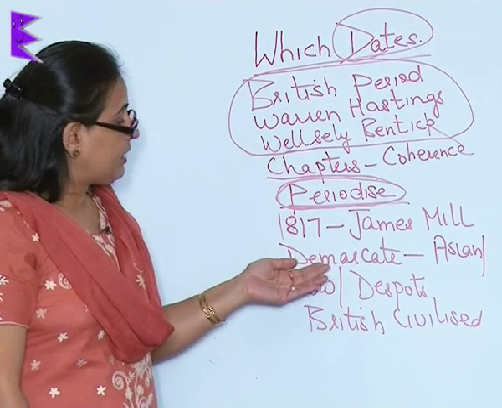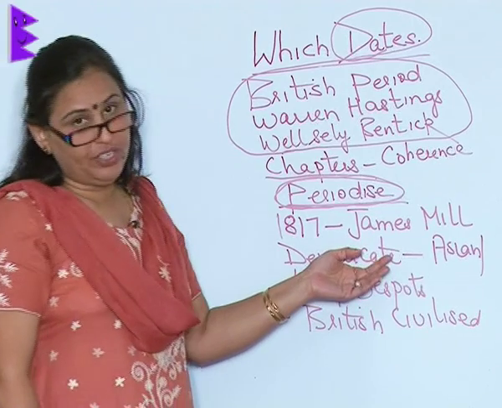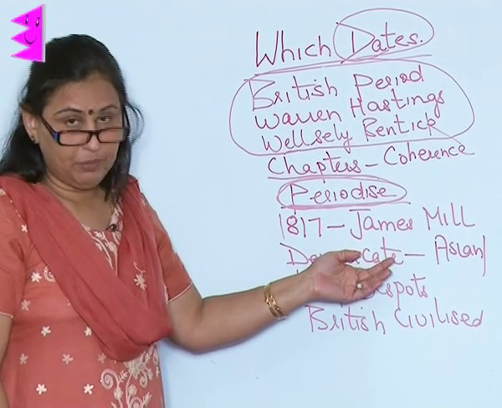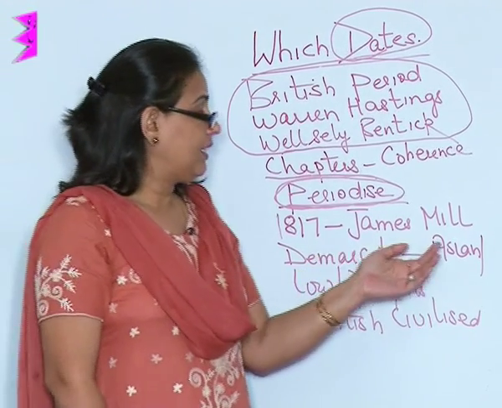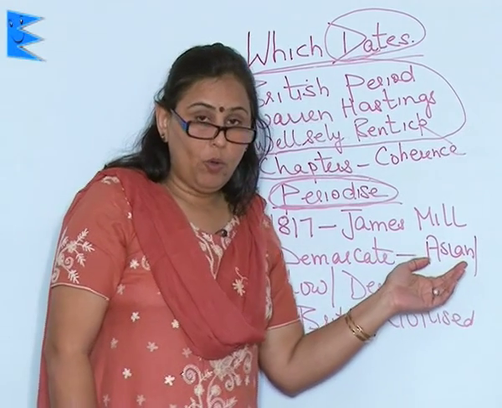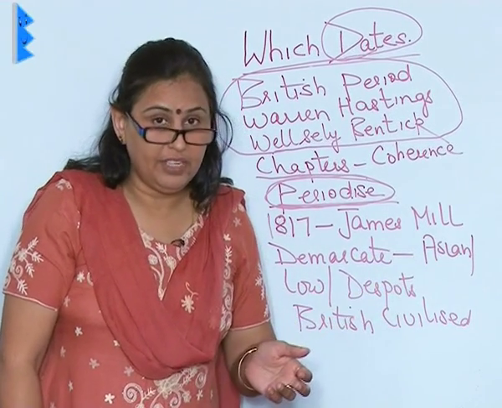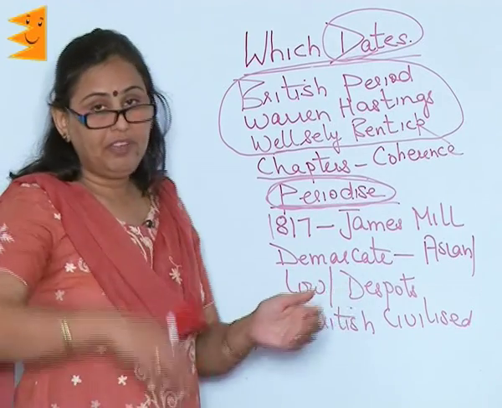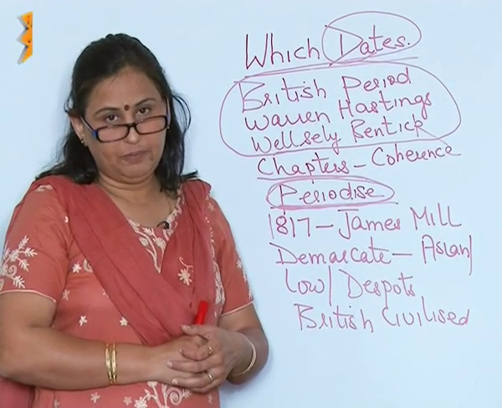Now, this demarcation of history was done by James Mill on the basis that he felt all the Asian countries were in fact very low on civilization.